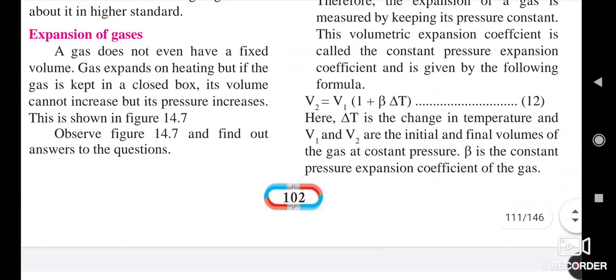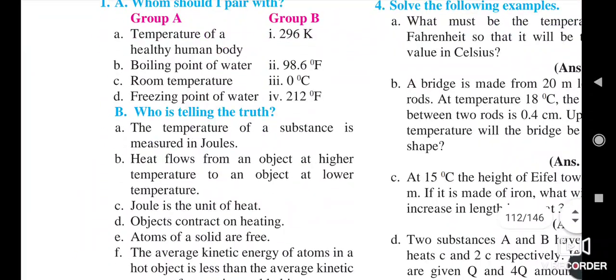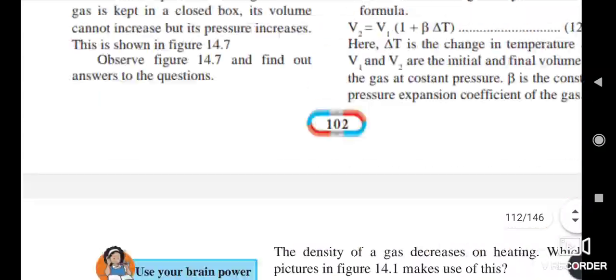So here we get the formula: volume second is equal to the volume first, or initial, into 1 plus beta delta T. Here delta T is the change in the temperature of the gas, and V1 and V2 are the initial and final volumes of the gas at constant pressure. The beta is the constant pressure expansion coefficient of the gas. Here we completed these lessons.